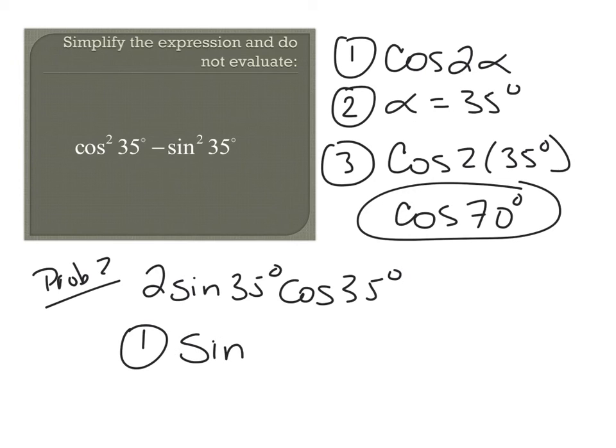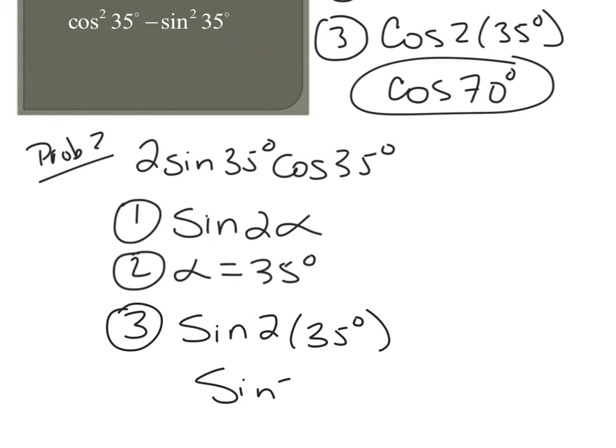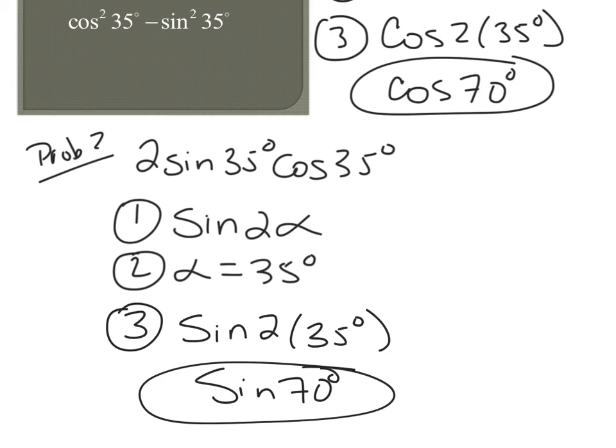This is actually our sine formula. Step 2, what does alpha equal? It equals 35 degrees. Now the final step is I take that 35 degrees and plug it in for alpha, and I get sine of 70 degrees. So whether it's sine or cosine, the process is the same.